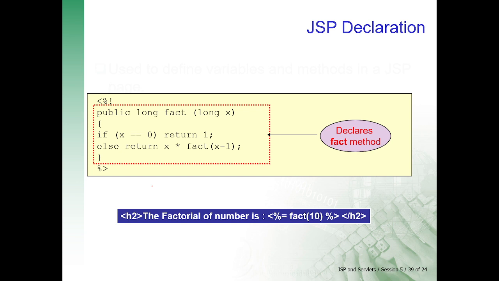Expression equals fact of 10. We are calling a function called fact and passing 10, and you'll find the factorial of the number. Your methods are defined by the declaration tag, and while calling, you need to call with the help of an expression. The output is the factorial of 10, displayed like this.